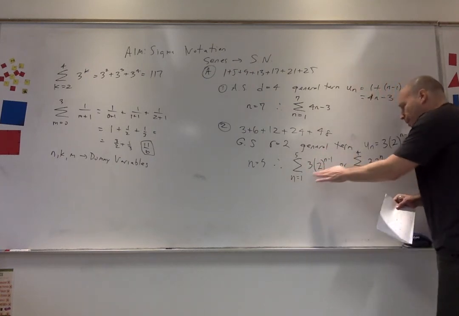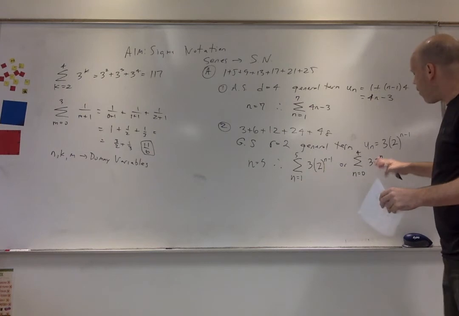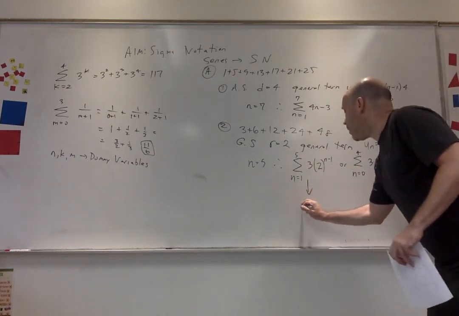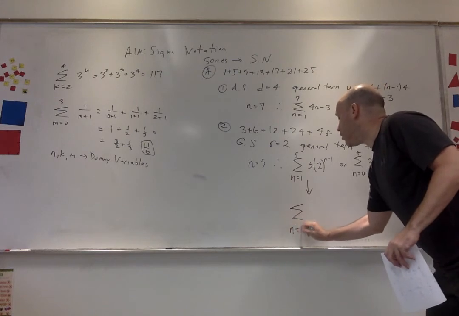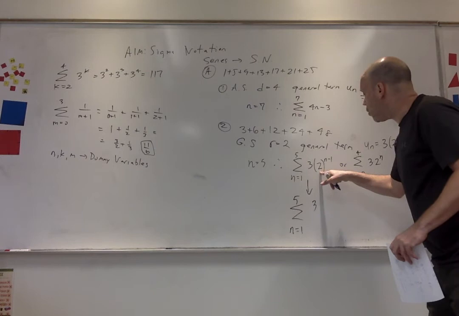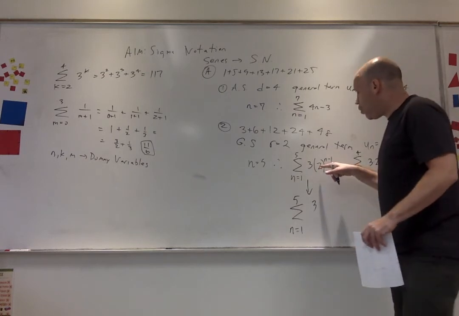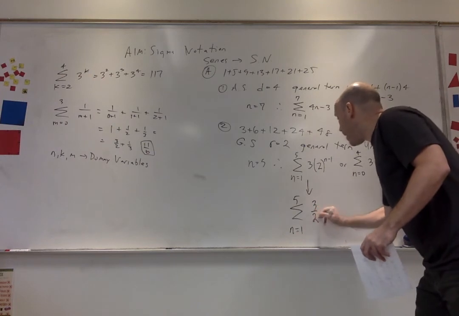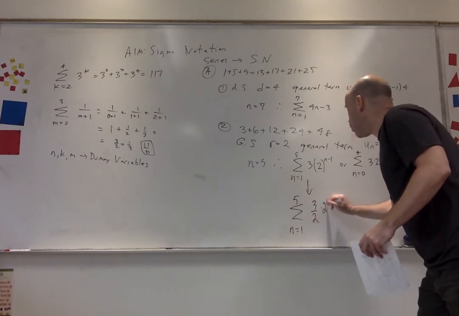I get a little weird about this, but whatever. And another thing we can do, and this is a little advanced, we start with 1 to 5, but I can pull out, because it's 2 to the n minus 1, that was 2 to the n divided by 2. So I could technically write it as 3/2 times 2 to the n.